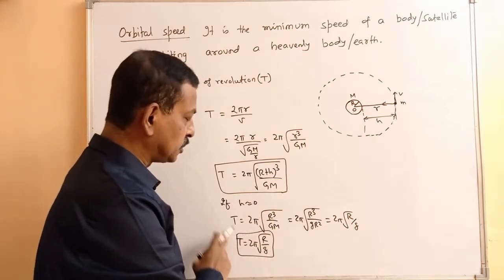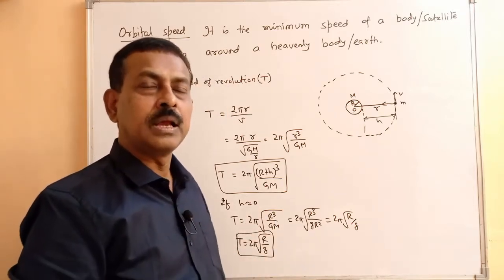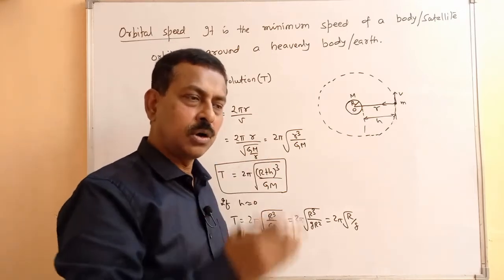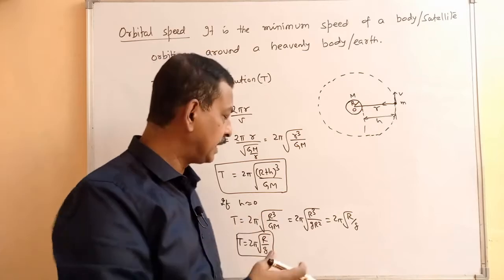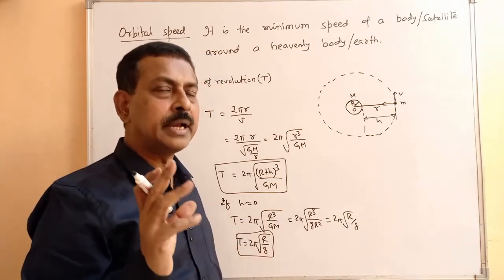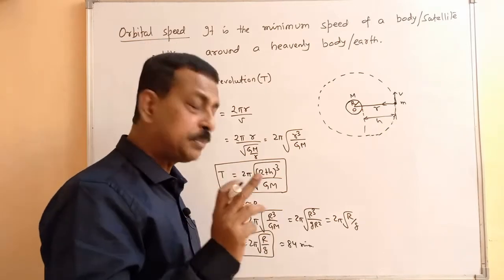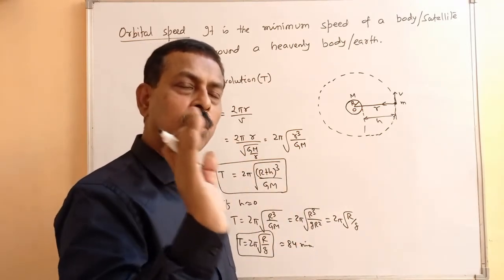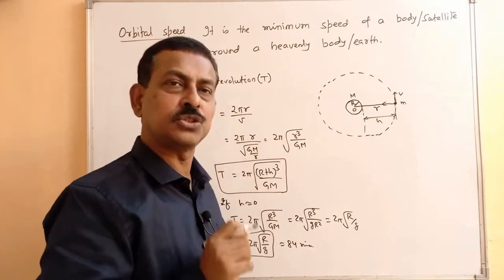So this is the expression for the time period. Now we know the radius of the earth, we know acceleration due to gravity on the surface of earth. In that case, this we can calculate and it will be roughly 84 minutes. So the time period is 84 minutes for the satellites orbiting very close to the surface of earth.